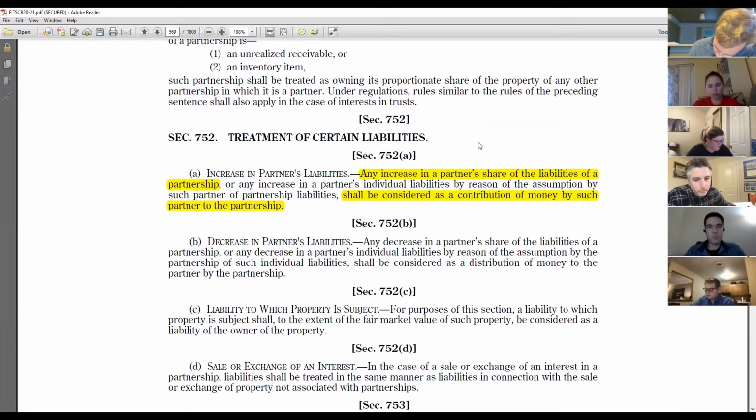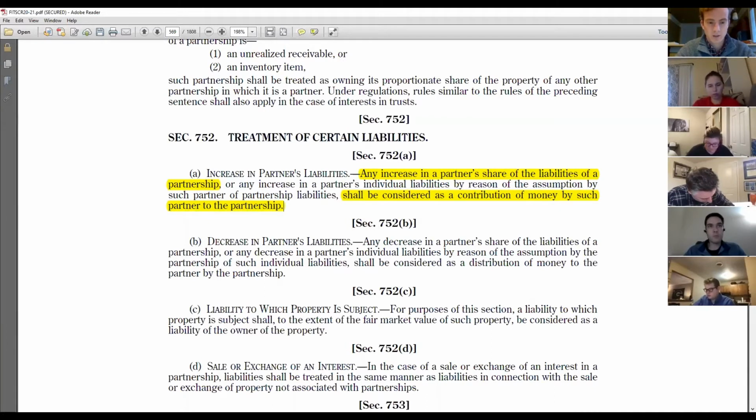We're going to talk in a little bit about how you determine each partner's share of the liabilities, but in the aggregate, we can say that once the partnership borrows money, the partners' outside bases are going to go up by the amount of money because it's a deemed contribution of money. And then we go back to section 722.